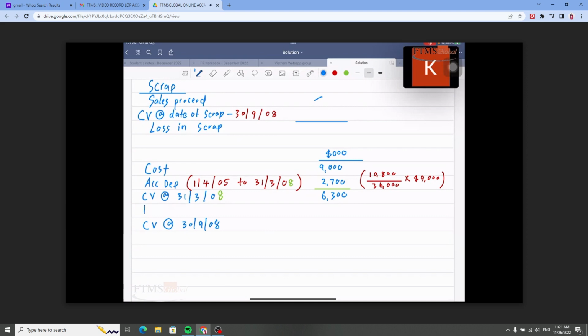Continue to depreciate, so depreciation from where I stopped, 31st March 08, so continue 1st April 08, all the way until 30th September 08.